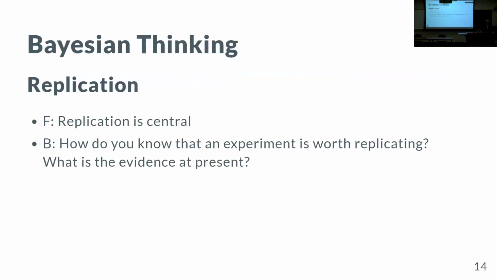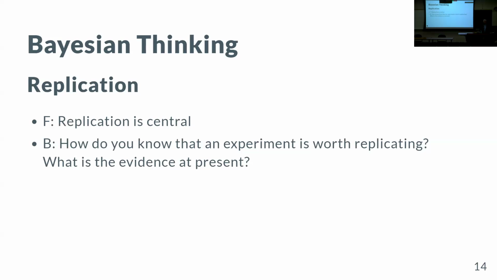So what about replication? Replication is essential, and Fisher said a large p-value is interpreted in only one way: get more data. There's no conclusion from a large p-value other than get more data. And of course, the whole basis of frequentist is based on repeated sampling. How do you know if an experiment is even worth replicating?